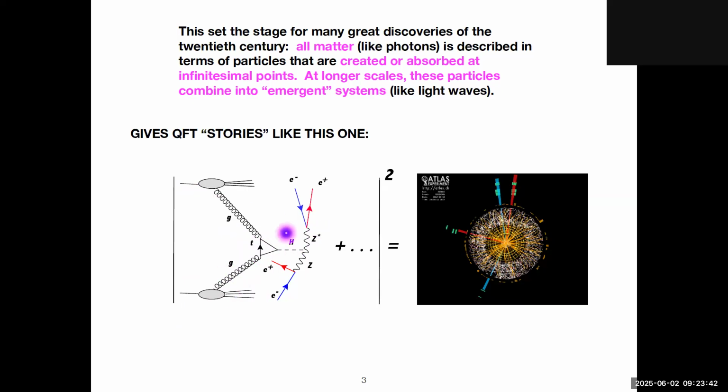That's the H here. And then the Higgs particle decays into a pair, and one of them is a virtual Higgs particle, Z. The Higgs decays to two Z's. Both Z's go to e plus, e minus, e plus, e minus. And that's what this thing looks like.